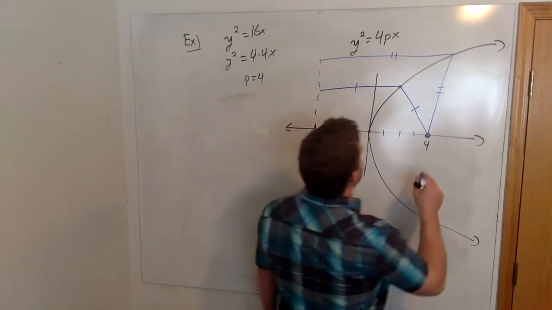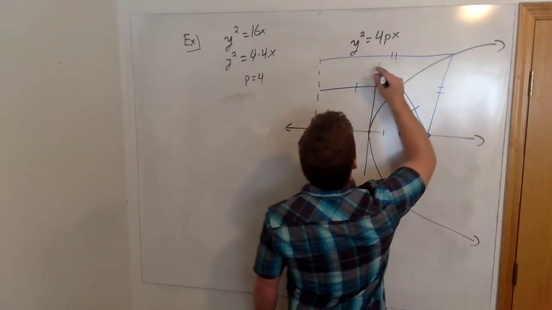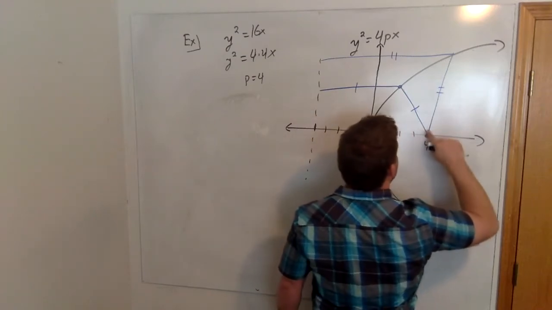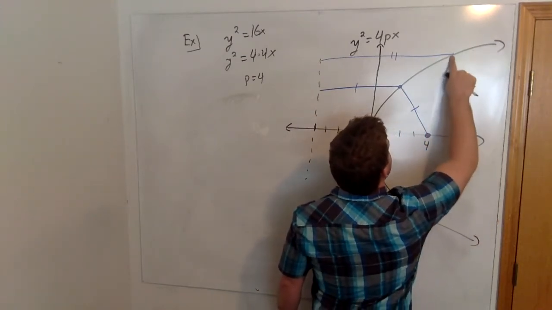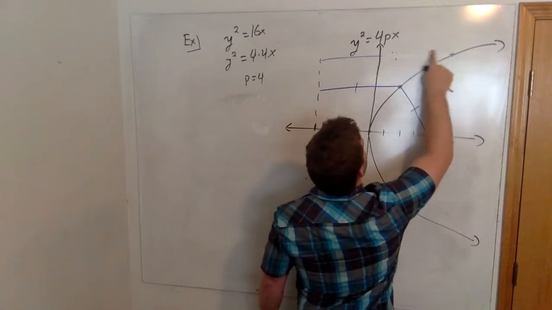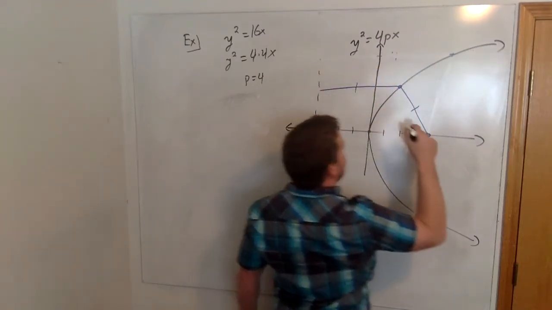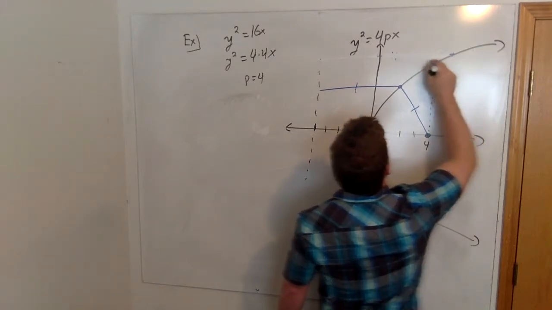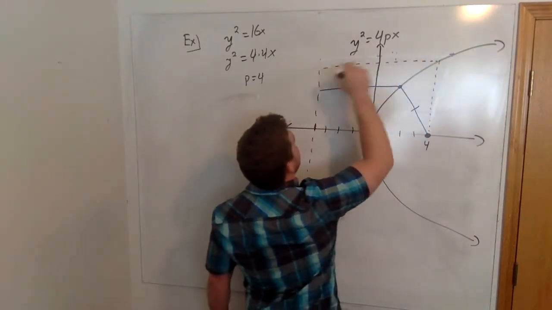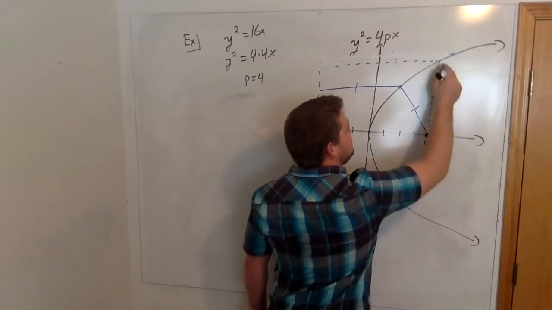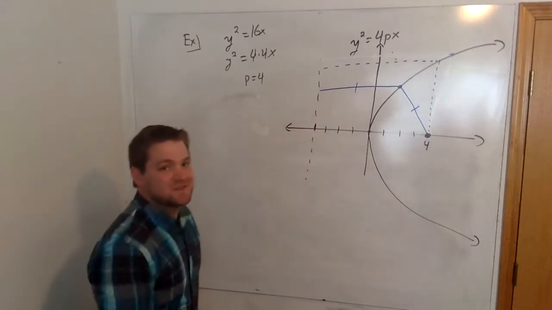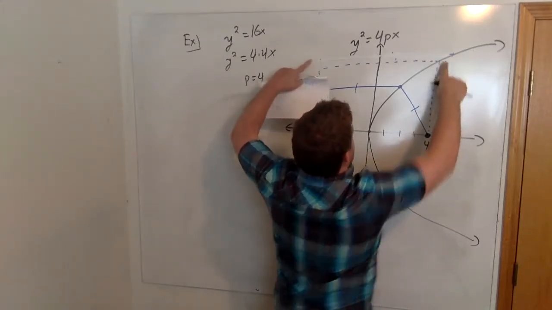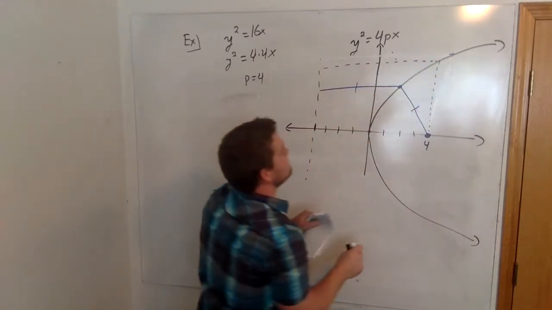Actually, let's erase this blue one right here. We could think about if we were to go straight out to the curve and then go this way. We could actually think about what this distance here would have to be. Well, the definition of a parabola says that this distance will be the same as this distance.